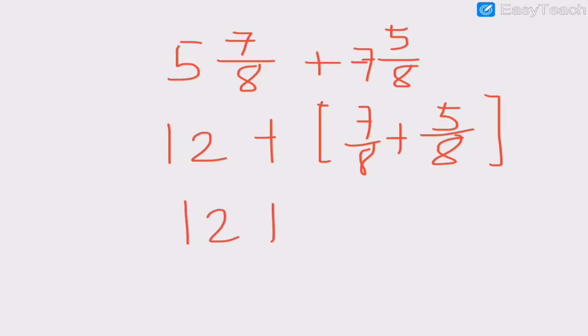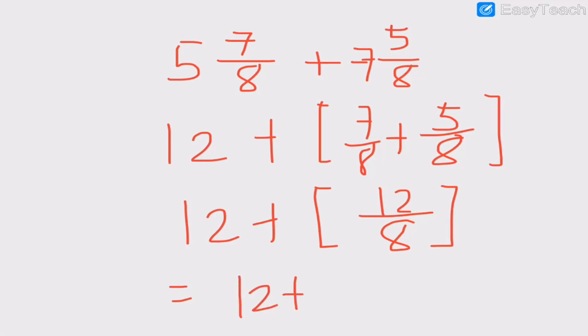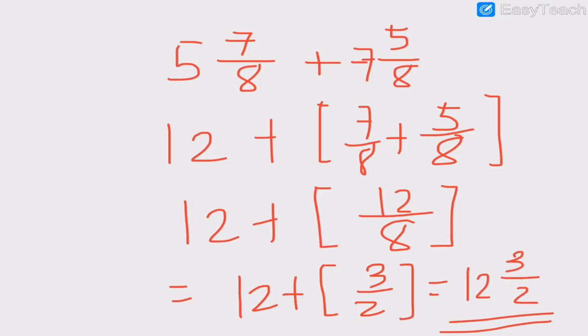So this would be 12 plus 7 plus 5. They have one denominator, therefore we only add up the numerators and copy the denominator. 7 plus 5 is 12, therefore the answer is 12 plus, in lowest terms, 3 over 2, therefore the final answer is 12 and 3/2.